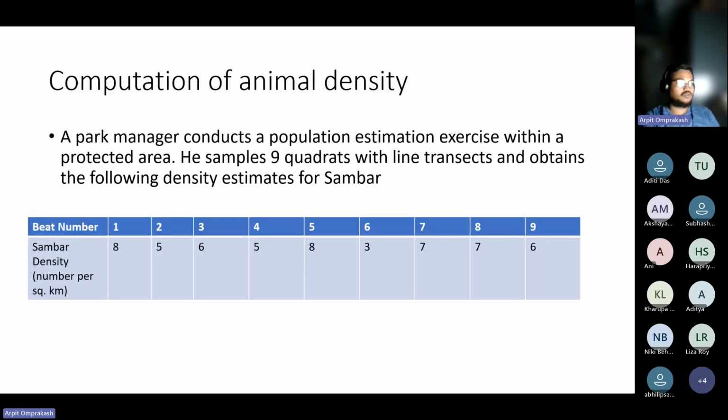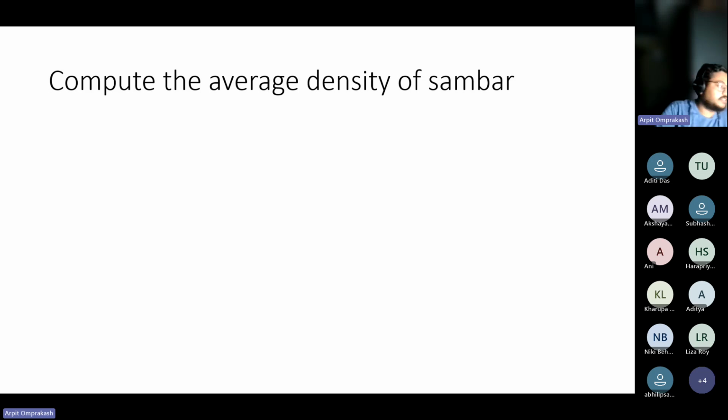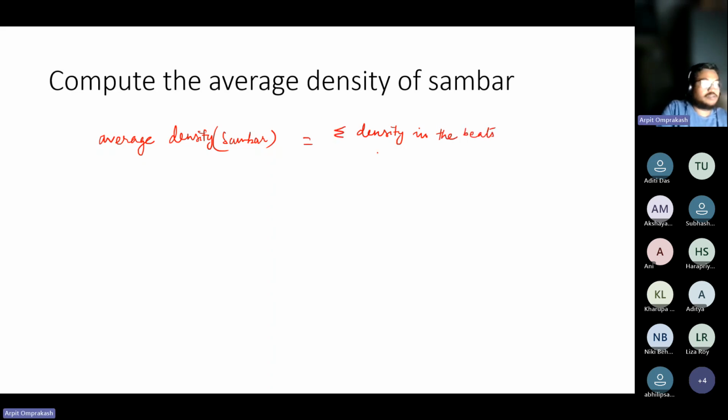To compute the average density of sambar, what we need to do is sum the density of sambar in each of the beats, and then divide it by the total number of beats.